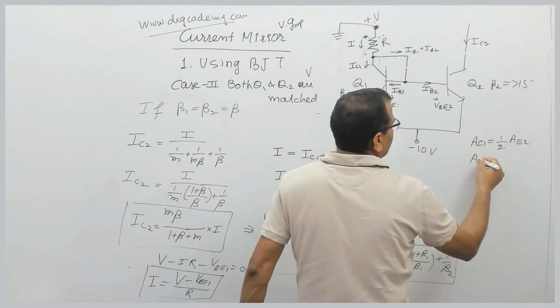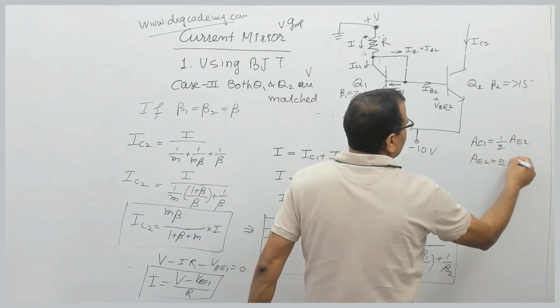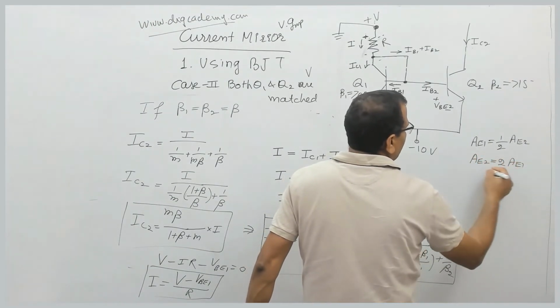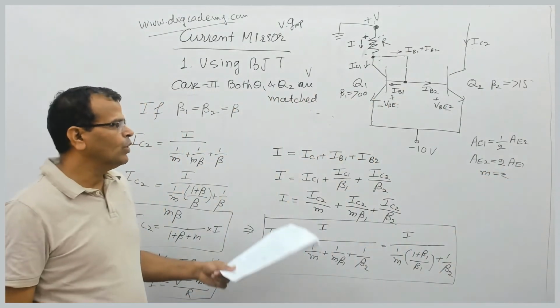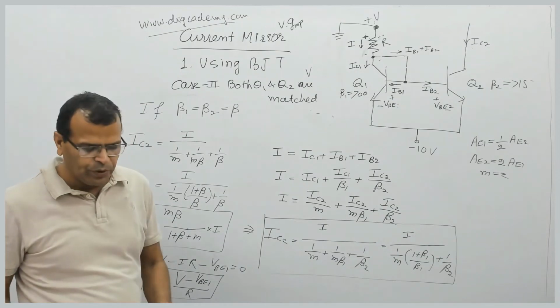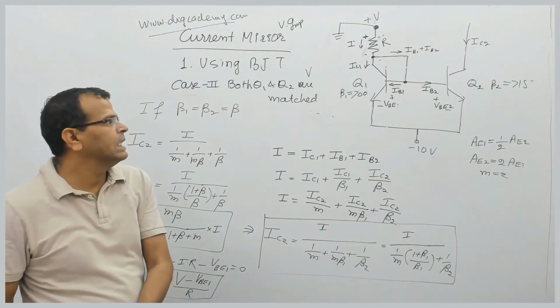So AE2 is equal to 2 times AE1, and M is 2. So we have seen that.